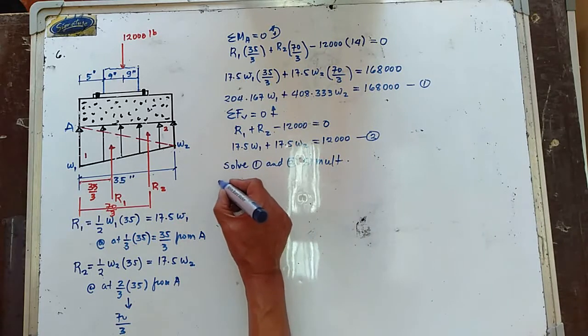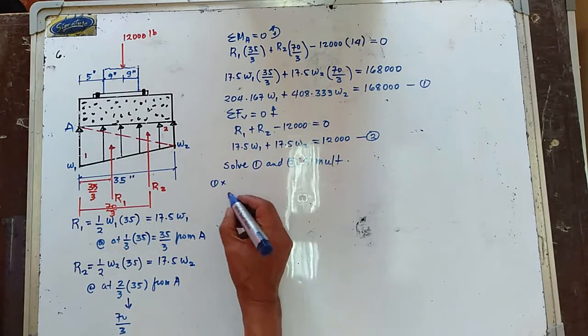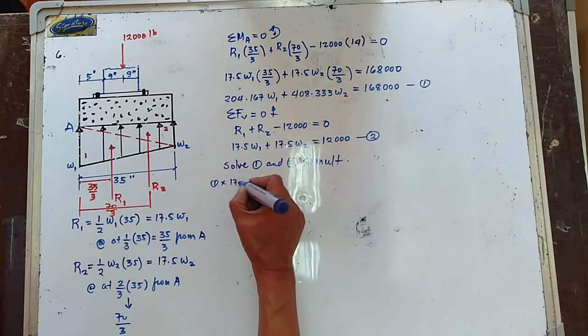So we have your equation 1. We have to multiply this by 17.5.